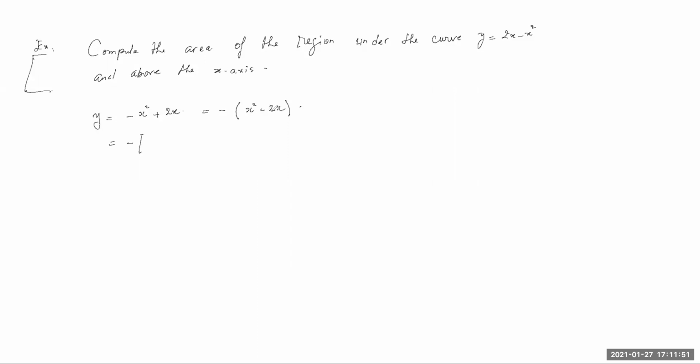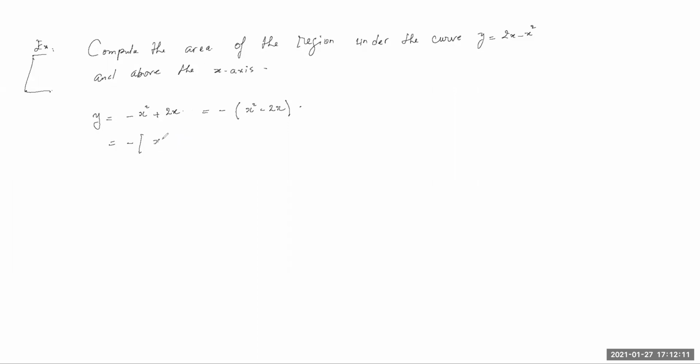I have the beginning of a square, x minus 1 squared. If you develop it, you get x squared minus 2 times x, which is here. Then you have plus 1, but I don't have it.